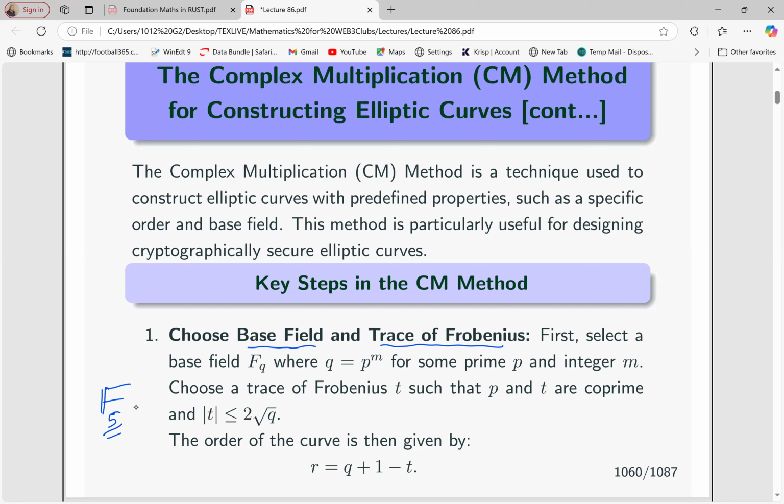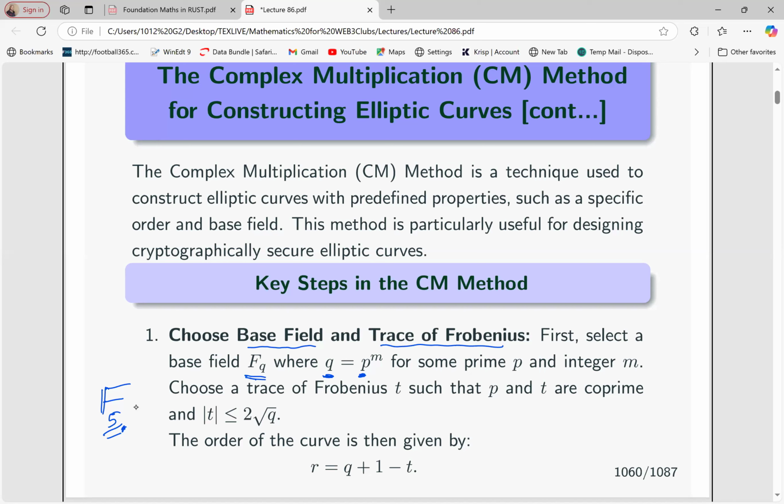But before you calculate the trace, what are the properties of the field that you must choose? If you're choosing a field, let's say FQ, where Q in our case is 5, the Q must be such that it can be written as P raised to M, where P is a prime number.